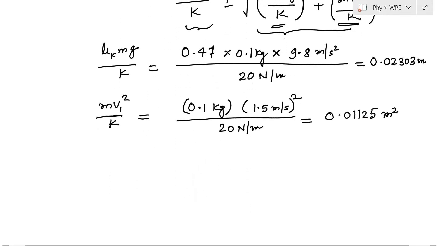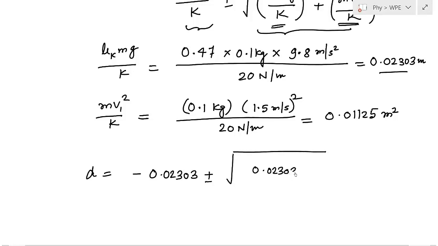So now the D value will be, because I know this value, the first value is minus 0.02303 plus minus 0.02303 whole square, and the second term will be 0.10125.